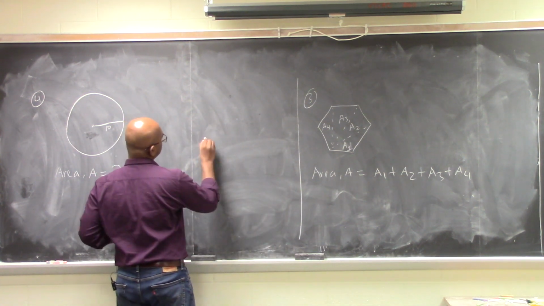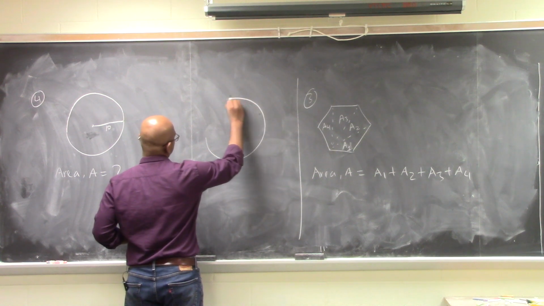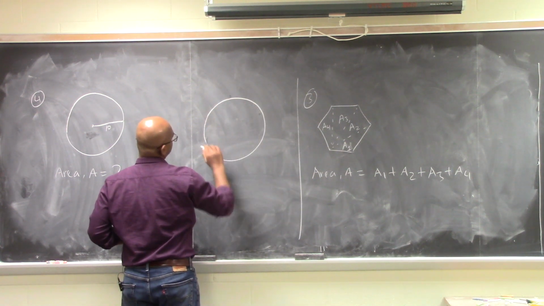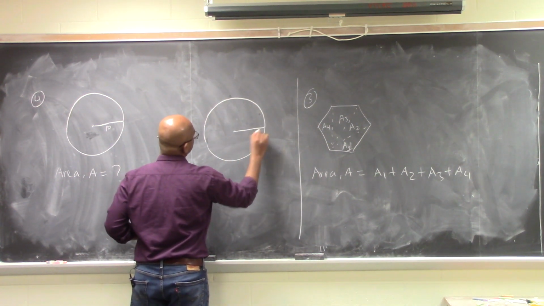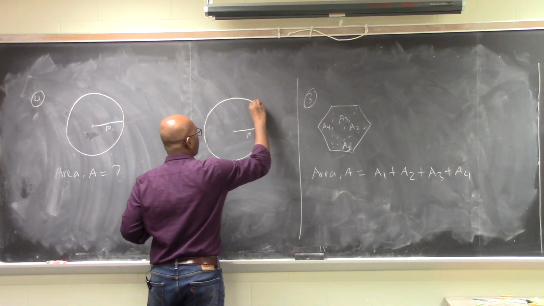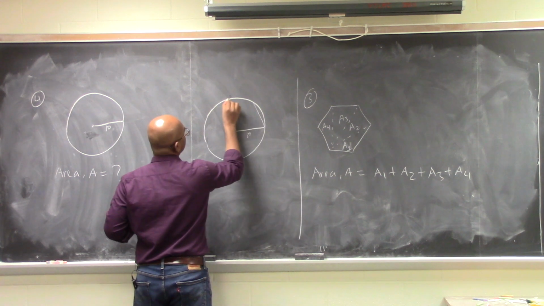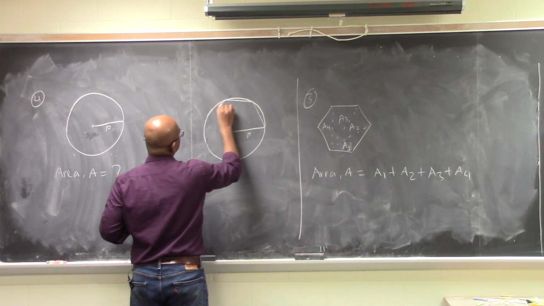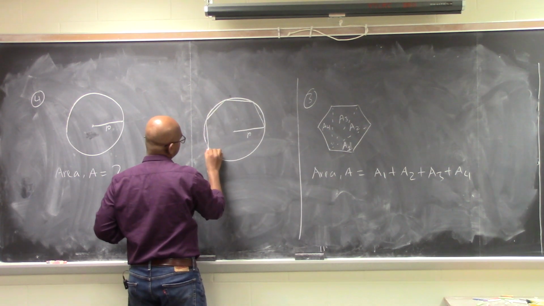Suppose we draw a circle of radius r, right? And then suppose we draw some inscribed polygon.